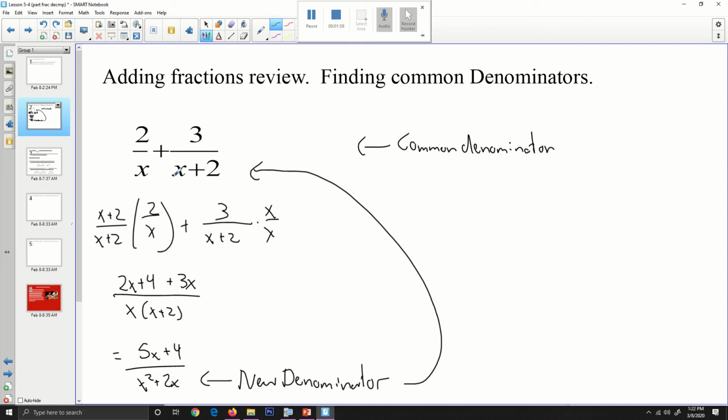All right, so what we're going to be doing today in our lesson is taking something like this, a single fraction, and breaking it down into two fractions. So how do we do that?